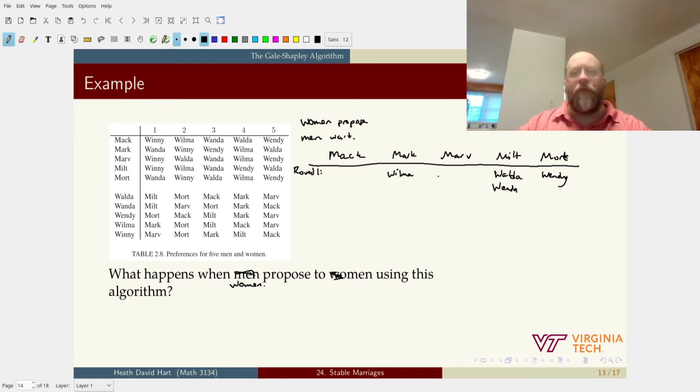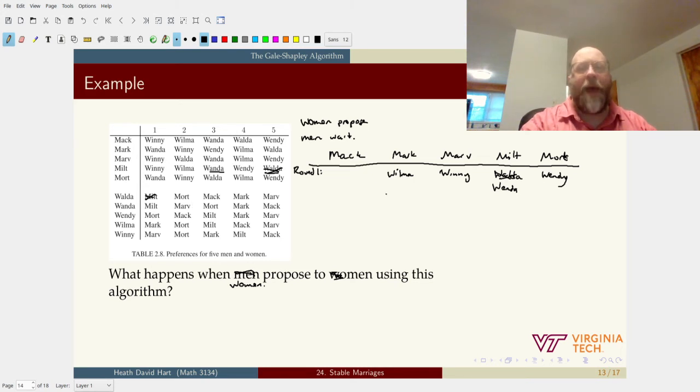And Winnie approaches Marv. So the only man who has to make a choice in round one is Milt. And Milt has to choose between Walda and Wanda. And since Wanda is his third choice and Walda is his fifth choice, he says no to Walda. And so Walda cannot pair up with Milt.